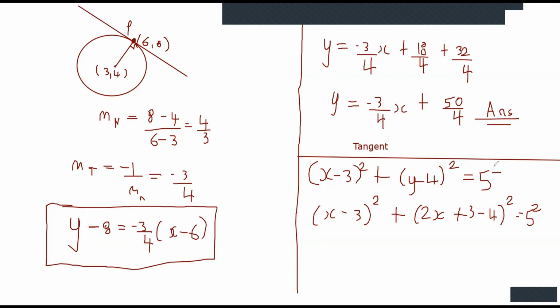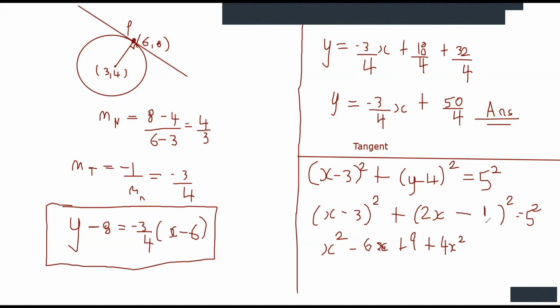All right, so let's simplify and solve this now. We're going to get x squared minus 6x plus 9. And then 2x squared is 4x squared. Now guys, you see that 3 minus 4 right there? Don't even bother writing 3 minus 4, please. 3 minus 4 is negative 1, so just put minus 1.